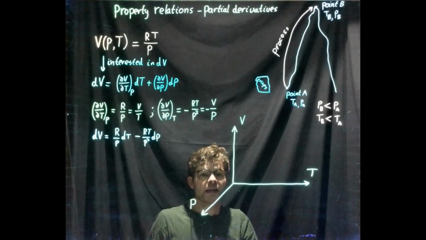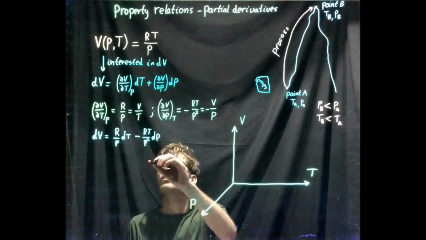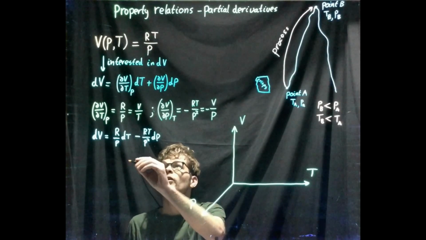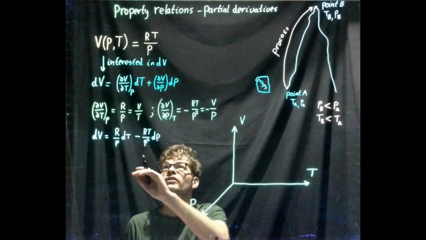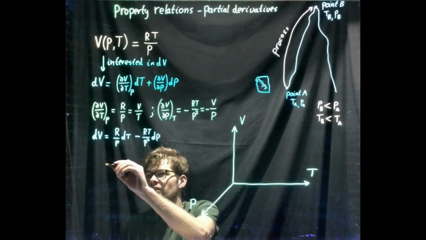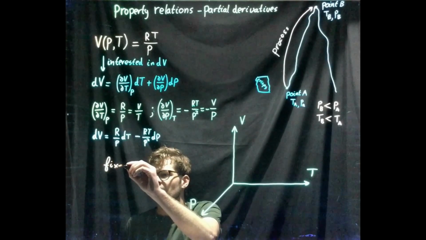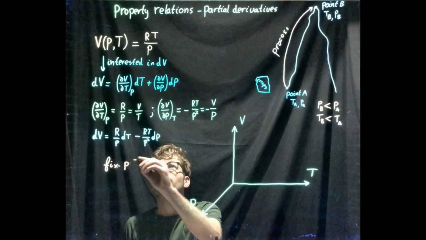And to make this diagram, I have to check how my volume behaves, for instance, at a fixed T or a fixed pressure. So I'm going to fix my pressure.